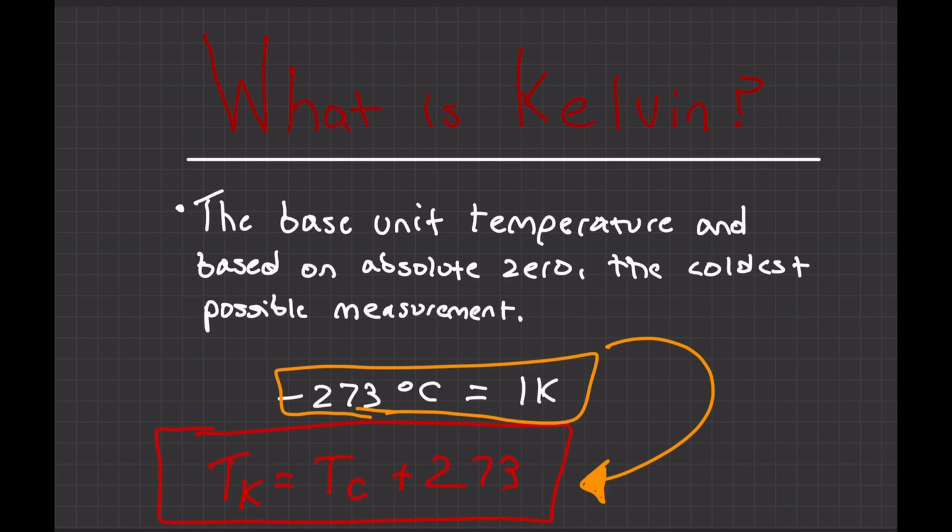So what is the main idea here? We have temperature, and again, temperature is the measure of how hot or cold a substance is, and it can be expressed in 3 ways: the Celsius, Fahrenheit, and then of course Kelvin, which gives us the coldest possible measurement.